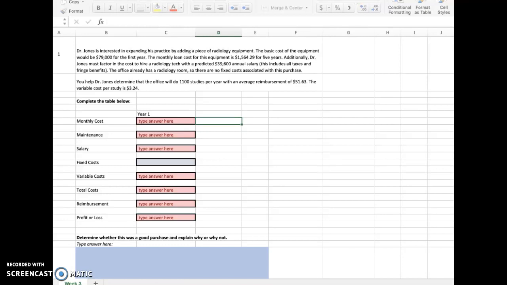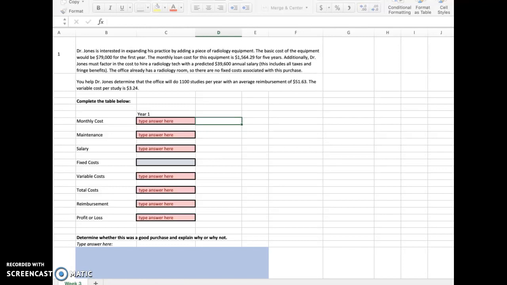Then the monthly loan cost for this equipment is $1,564.29 for 5 years. Additionally, Dr. Jones must factor in the cost to hire a radiology tech with a predicted salary of $39,600. And the office already has a radiology room, so there are no fixed costs.